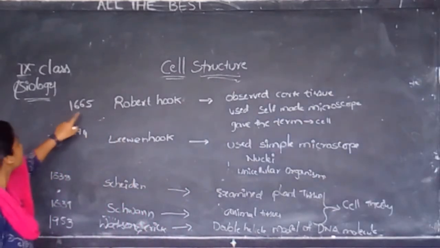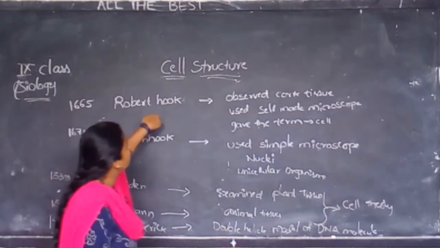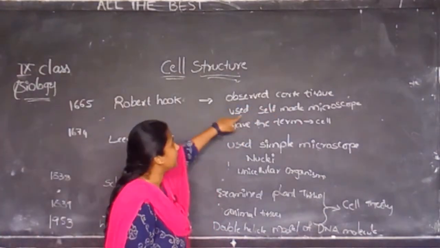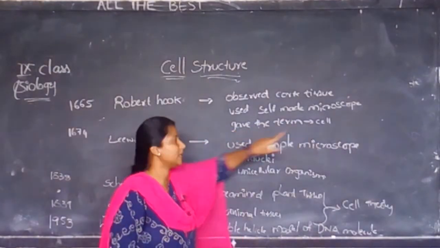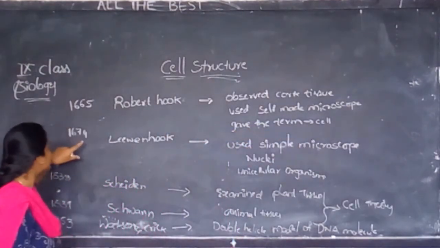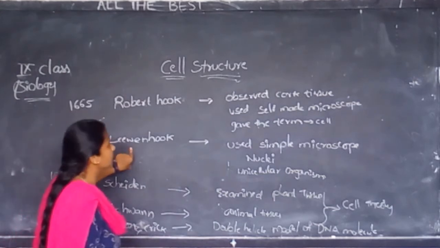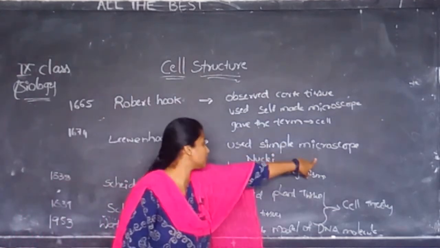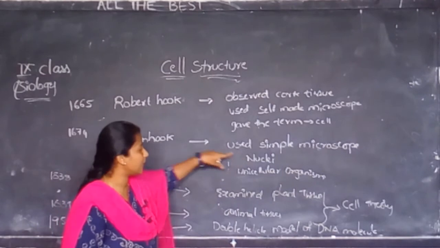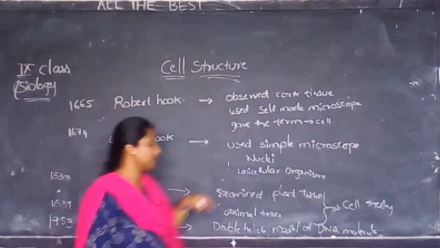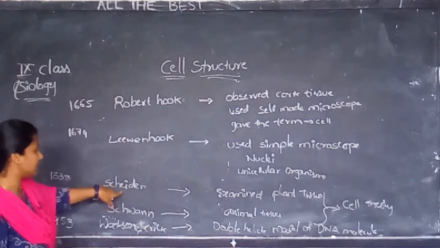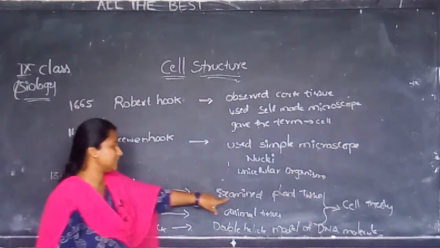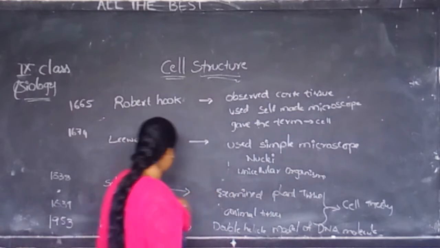Okay. In 1665, Robert Hooke observed cork tissue under his self-made microscope and gave the term cell. In 1674, Leeuwenhoek used a simple microscope and observed nuclei and unicellular organisms. In 1838, Schleiden, a botanist, examined plant tissues.